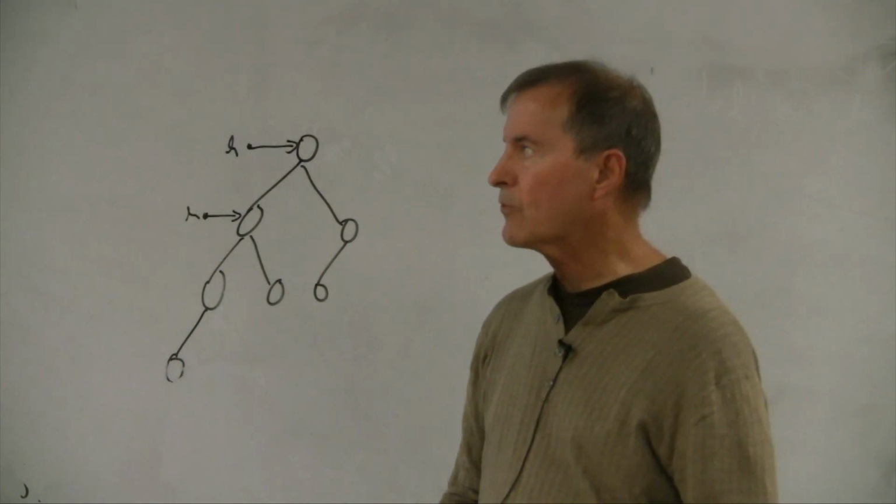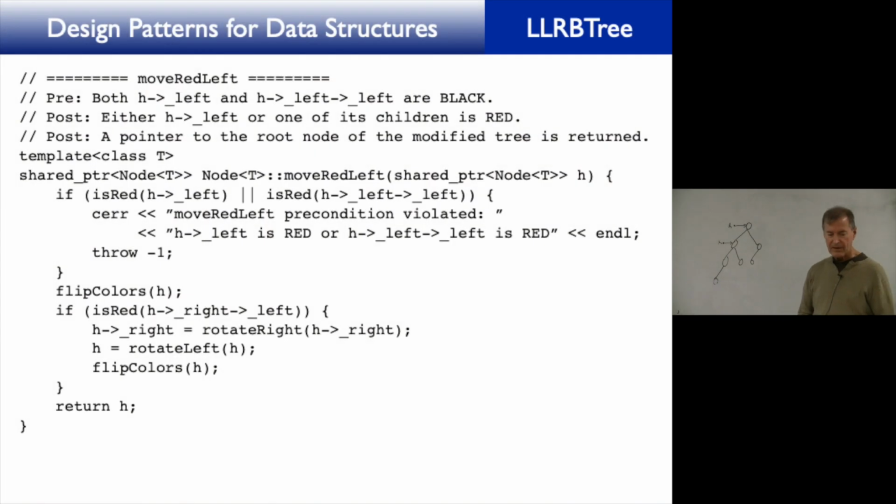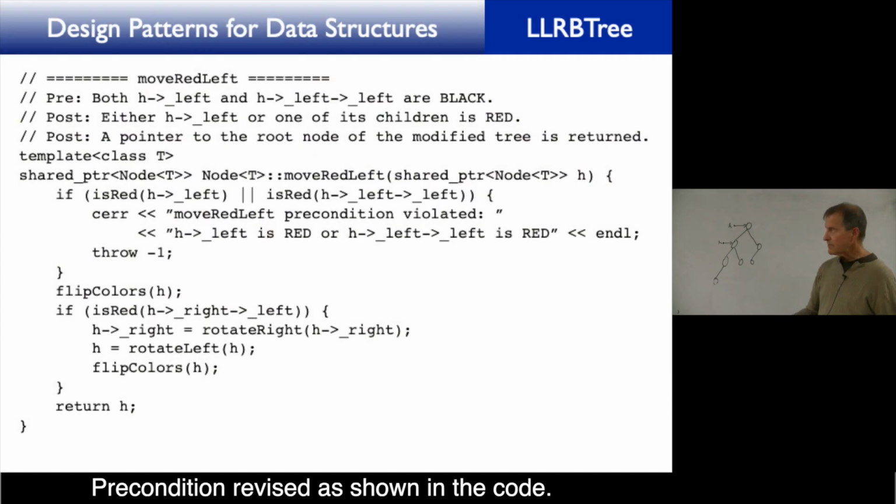Okay. So now here's the code for move red left. Now, the precondition for this is that H has a non-empty left and right. So whatever H is pointing to, it's got to have two nodes below. The left child and the right child both have to be nodes, not nils.